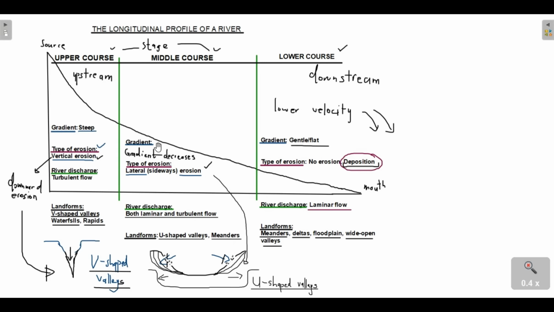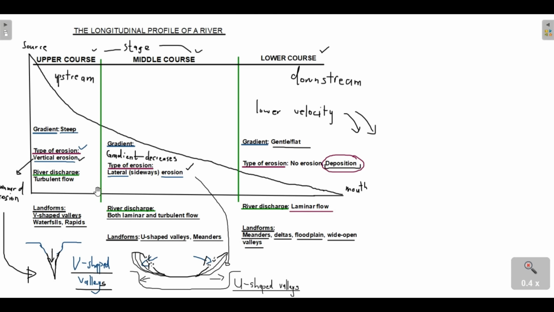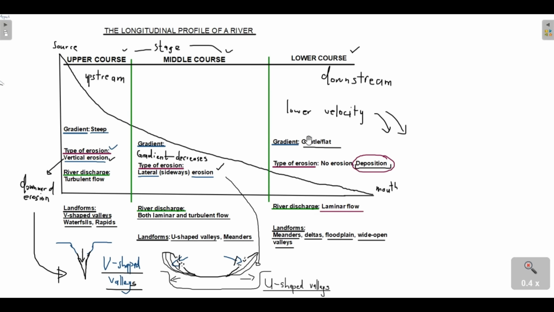So the gradient along with the volume of water play a huge role in determining the type of erosion that is going to be found in that particular stage, determining the type of landforms that are going to be found there. Okay, and the riverbed will determine the type of river discharge that you're going to have, right? So this is how you should annotate the longitudinal profile of a river, right? Okay, so I hope we made that simple for you.